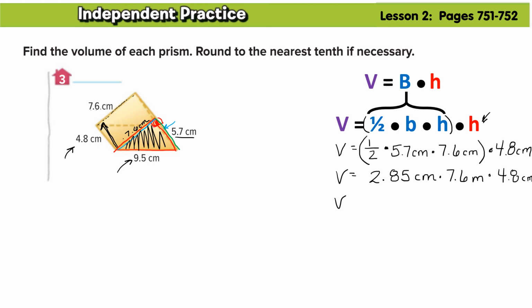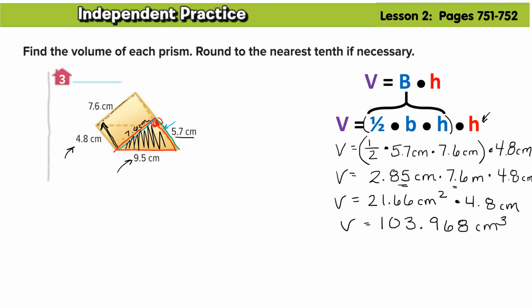Then we have volume equals 21.66 centimeters squared, because I multiplied these two together, times 4.8 centimeters. So volume equals 103.968 centimeters cubed.